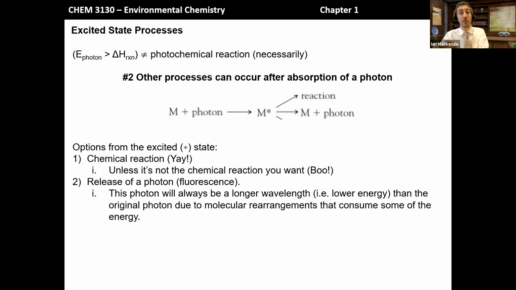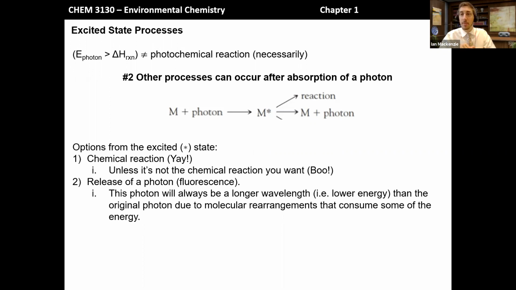It's important to point out that the photon that's released will always be of a longer wavelength, and thus a lower energy, than the original photon that the molecule absorbed, because some of that energy is lost through molecular rearrangements. Often, even if you promoted an electron to a higher energy orbital, it might jump down a few energy levels before it jumps all the way down and releases a photon of light.